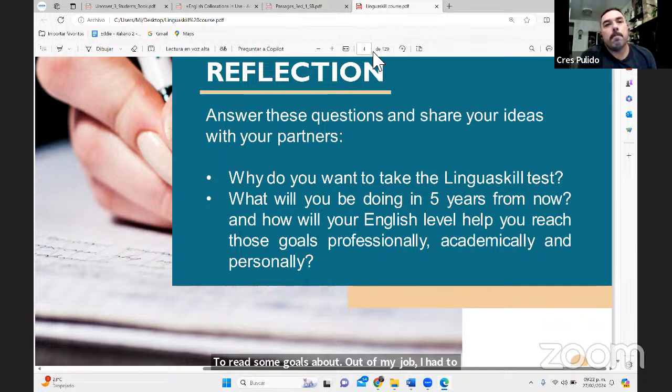And personally, I think it's important because I really love to travel to other countries, and it's important to have good communication and learn about other cultures, people, countries, or whatever. It's important for me.